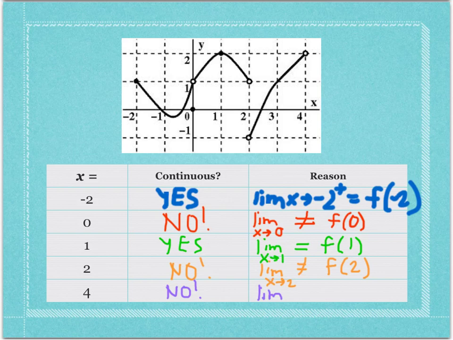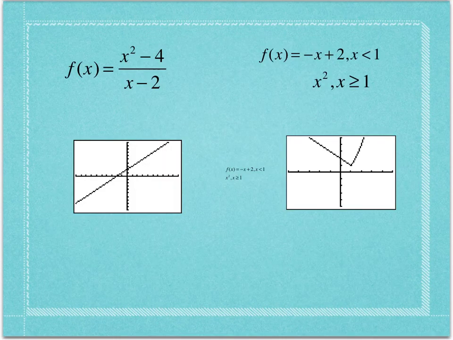So the limit in this case as x approaches 4 from the left is not the same as the f of 4. In fact, the f of 4 isn't even defined at all, so clearly that has to be the case. So pretty much common sense type ideas here with this continuity, but the graph definitely helps us here as we look at it. Now let's look at some actual examples with functions.